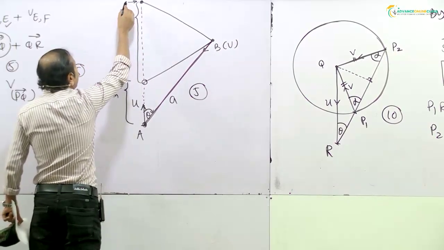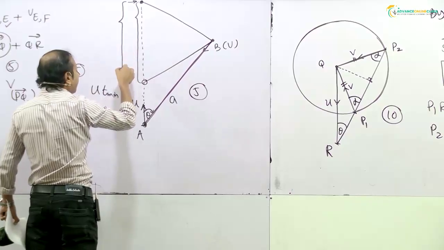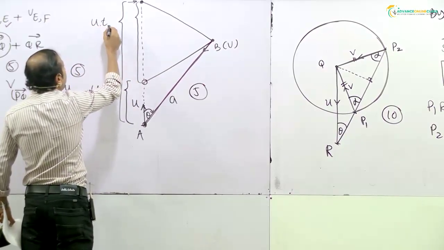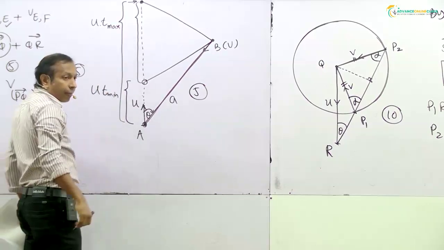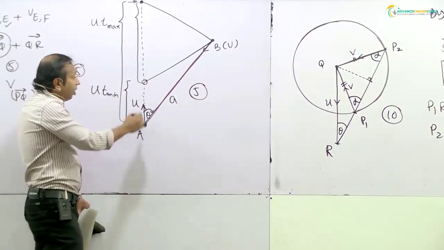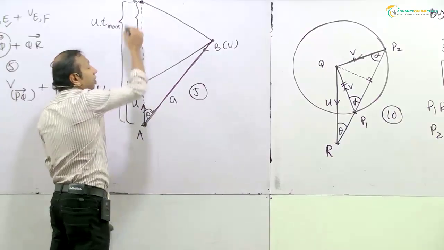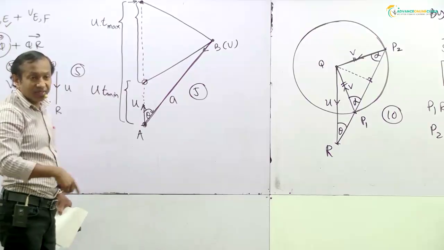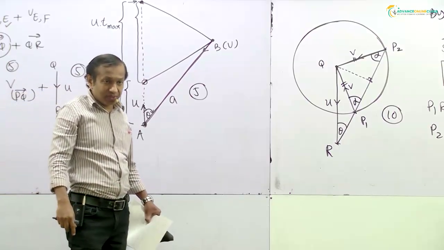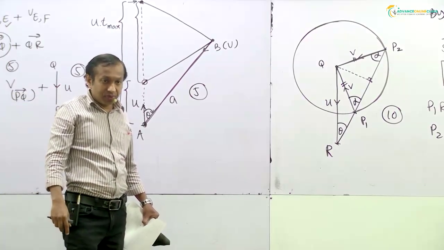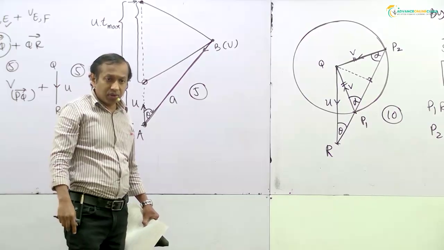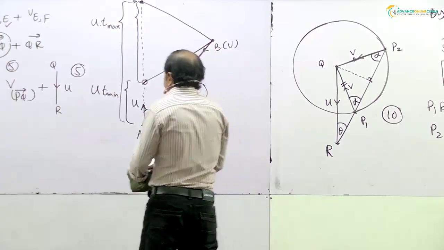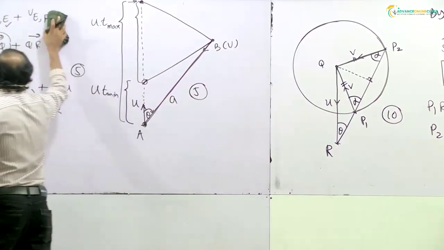Then what is this length? u into T max. Understand? Then what is the distance between the 2 points where the player can meet the ball? Maximum distance minus minimum distance. Understood? Okay, then you can write the time, the distance.